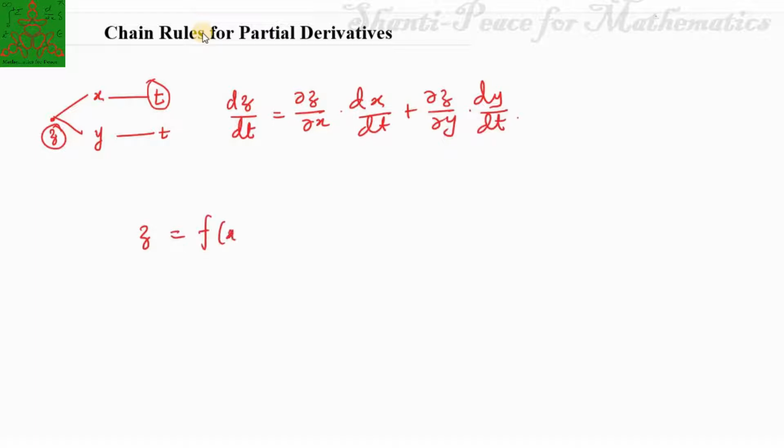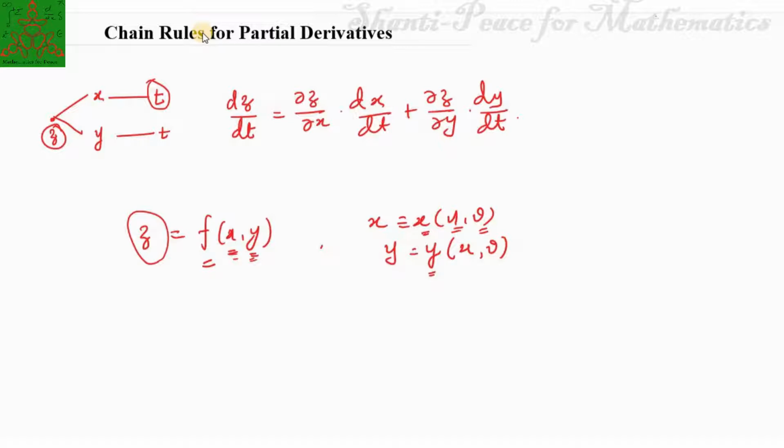Now in this video we will talk about the case where z is a function of two variables, that is f of x, y, and x and y both are functions of two other variables, let's say u and v. If x and y are differentiable, that means f is differentiable with respect to x and y, and x and y are differentiable with respect to u and v, then you can talk about the derivative of z with respect to u and v.